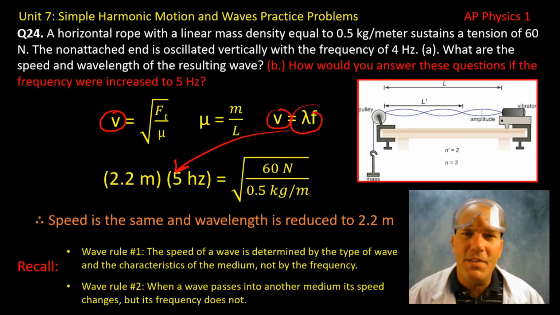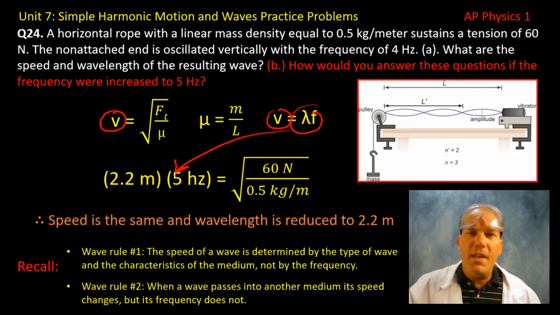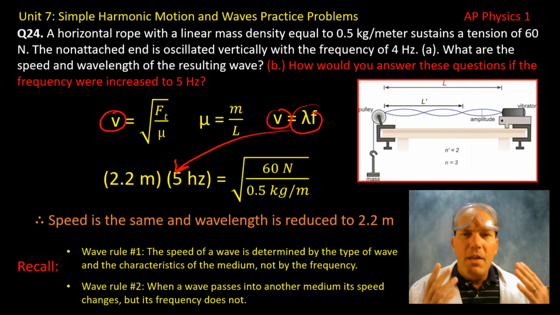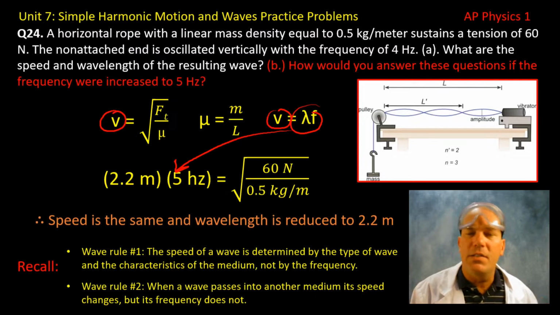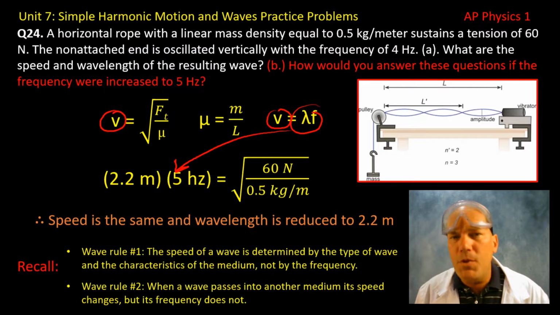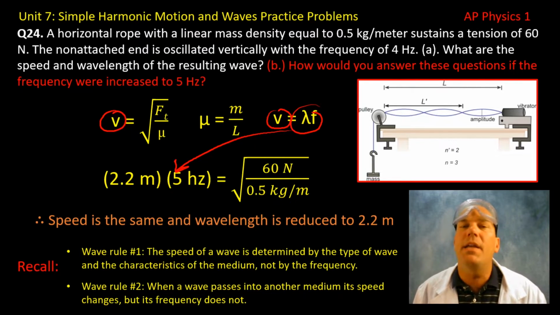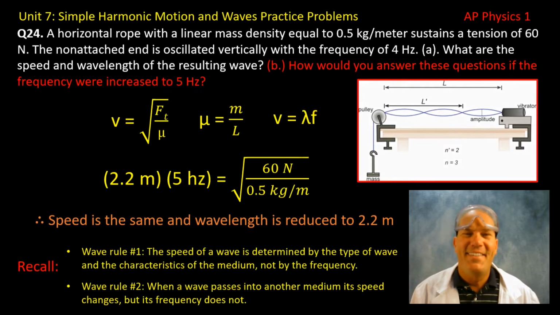And we've seen this, guys. Frequency goes up, wavelength goes down if velocity remains the same, which in this case it does. So speed is the same, wavelength is reduced from 2.8 meters to 2.2 meters.